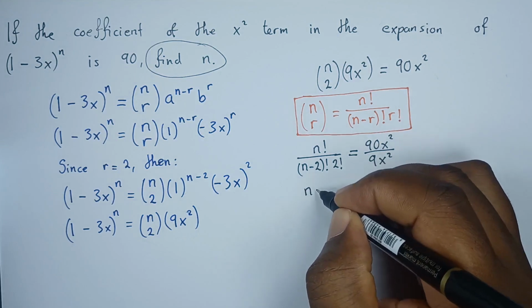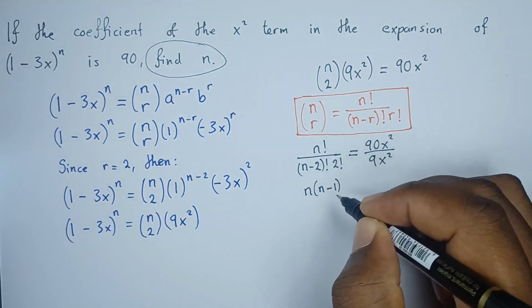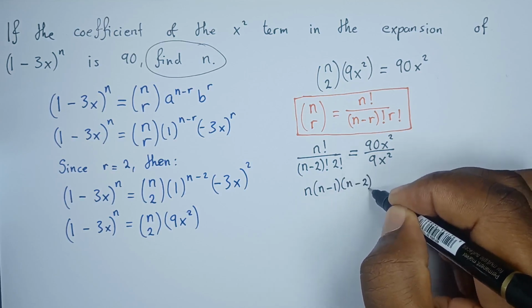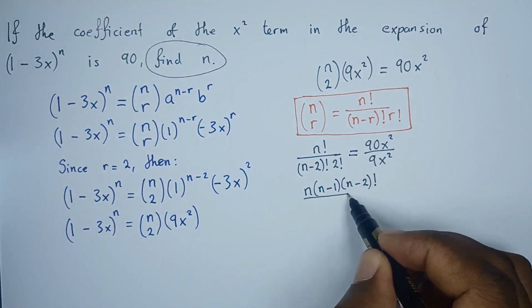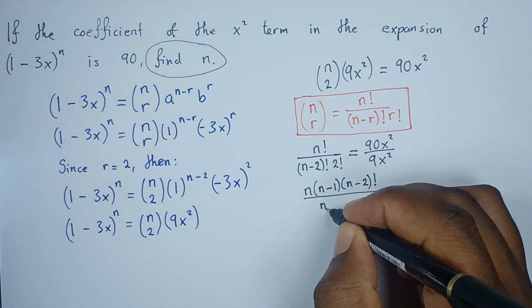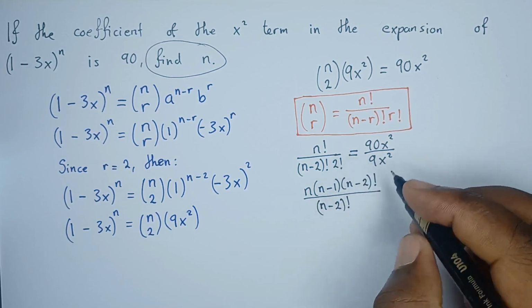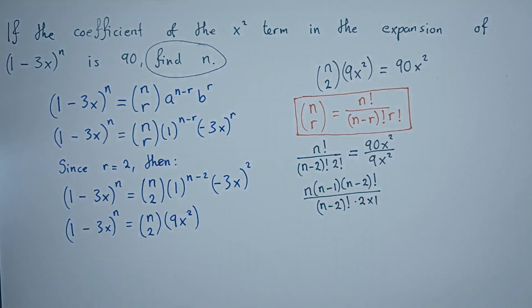Hence we'll have n. So what comes before n? n minus 1. What comes before n minus 1? n minus 2. So let's give it a factorial. Why are we giving it a factorial? We want it to cancel with this one here. (n minus 2) factorial. 2 factorial is as good as 2 times 1.